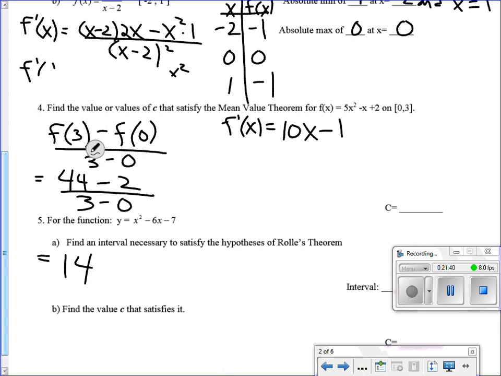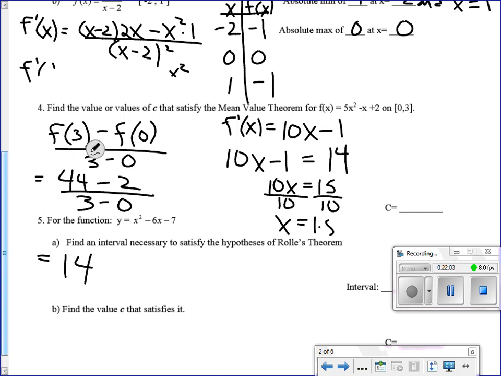So according to the mean value theorem, there has to be some number between 0 and 3 such that the derivative equals the slope of the secant. If we add 1 and divide by 10, let's see, 10x equals 15. We get x equals 1.5.